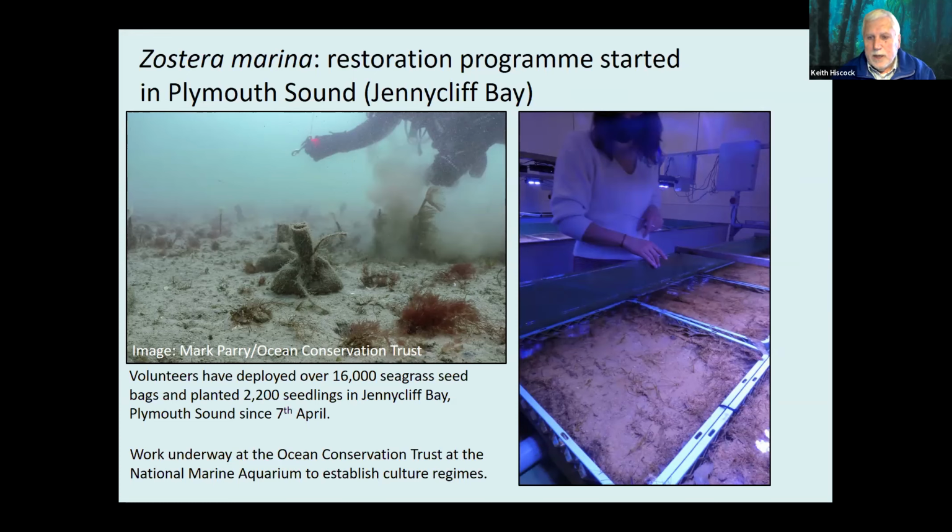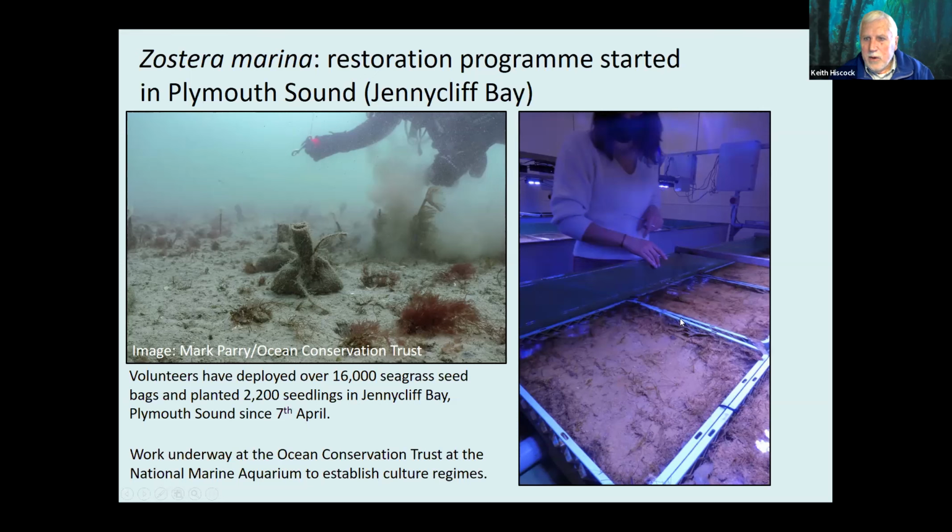And in the right-hand picture here, you can see a slightly different approach to getting seedlings. And you can see some seedlings here. These are actually coconut matting, about 30 centimeters by 30 centimeters, obviously with some appropriate sediment, some muddy sand or some sandy mud.